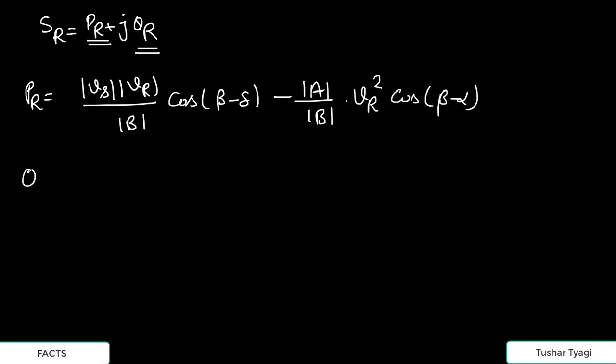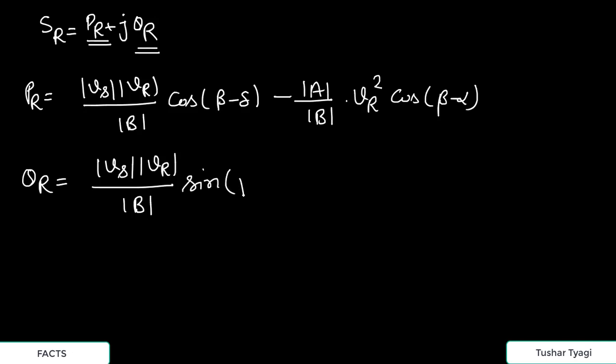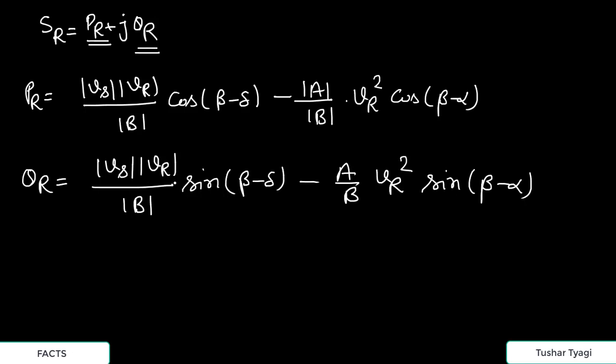And the reactive power received QR will be equal to mode of Vs mode of Vr divided by mode of B sine beta minus delta, minus A by B Vr square sine beta minus alpha. So QR is the sine and PR is the cos.